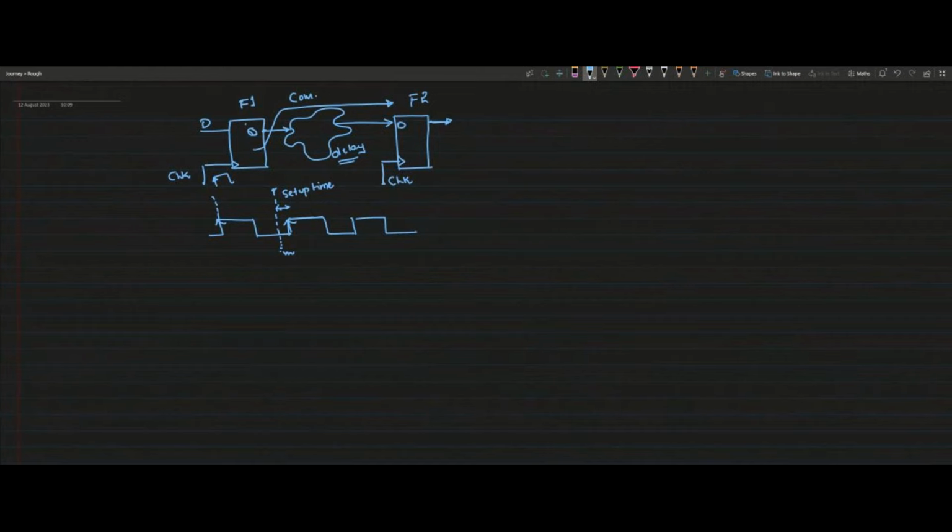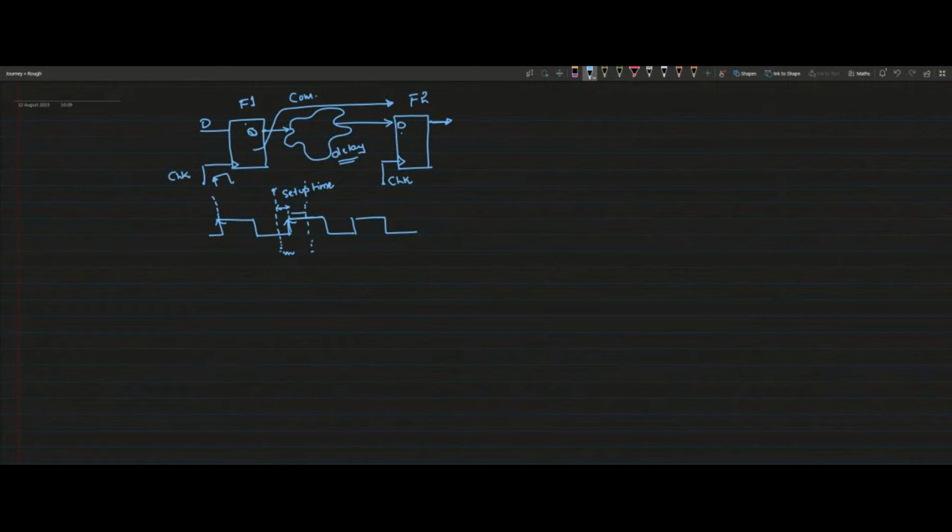After this rising edge also, internally the flip-flop has to stabilize that data. Internally we have a lot of transistor circuits, so I have to hold that data for some time so that it can be captured correctly right after this rising edge.